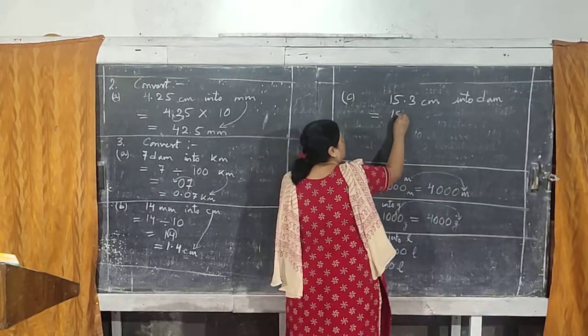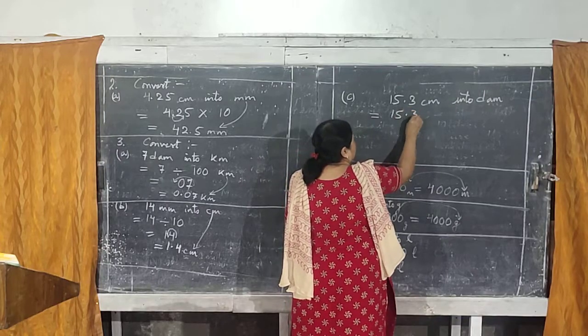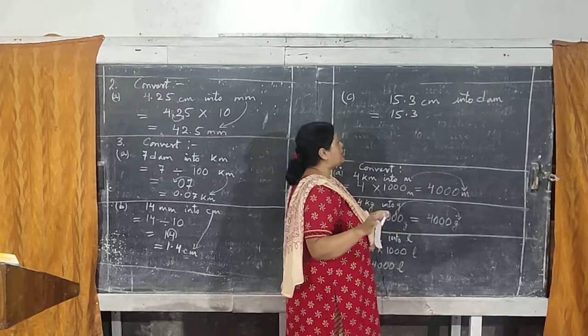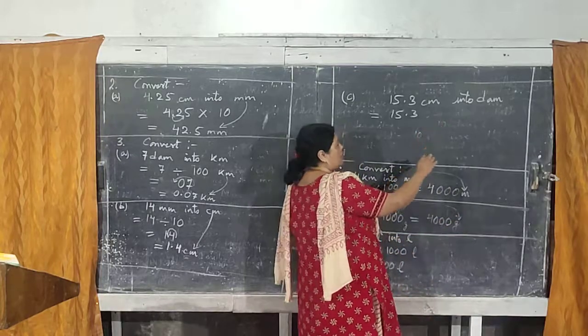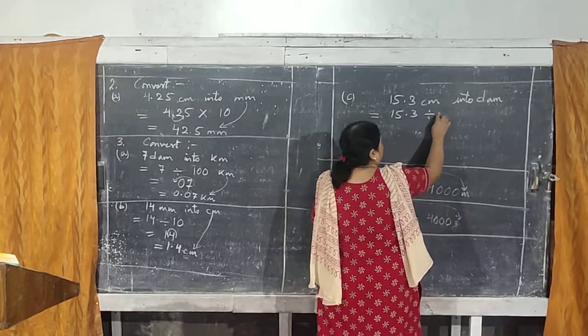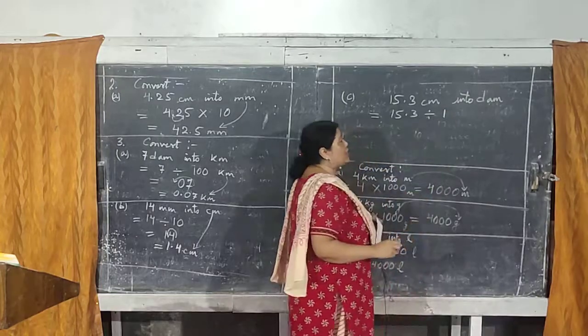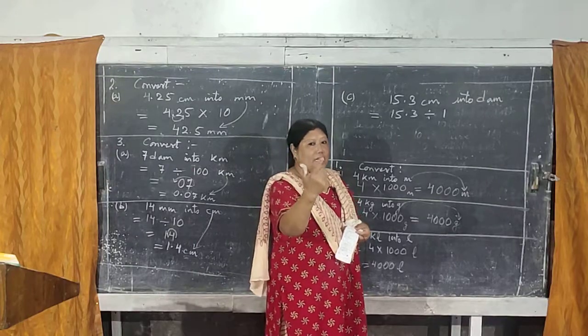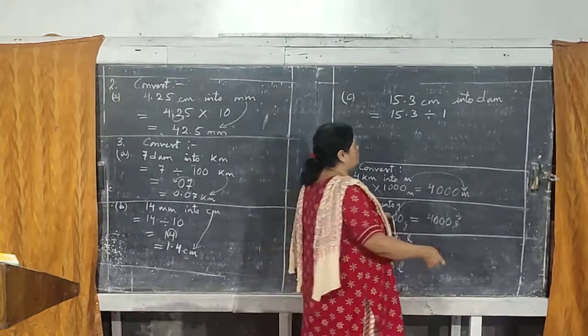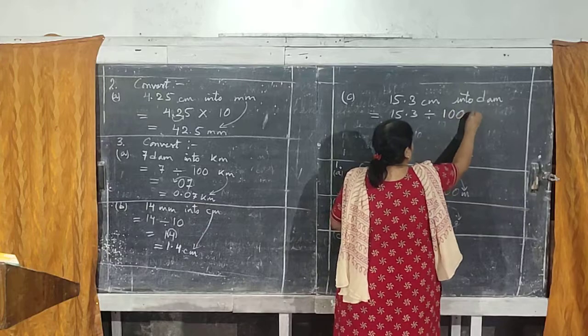First thing is copy the question, 15.3. Now find out division or multiplication. Centimeter is down, decameter is up, so division. Then write 1. Then how many zeros? Deca comes first. Kilo, deca, meter, deci, centi. Again 3 zeros. 1, 2, 3.